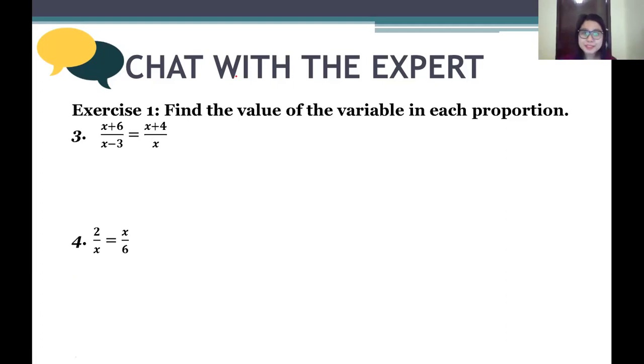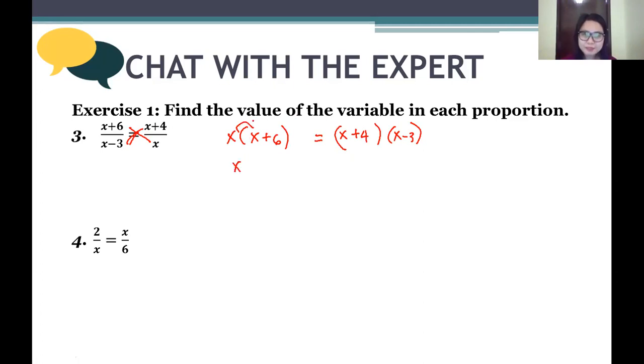Remember the first step? Cross multiply. So x times x plus 6. The other is x plus 4 times x minus 3. Wait first. Let us now multiply them.